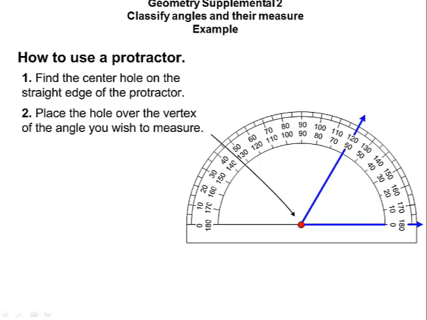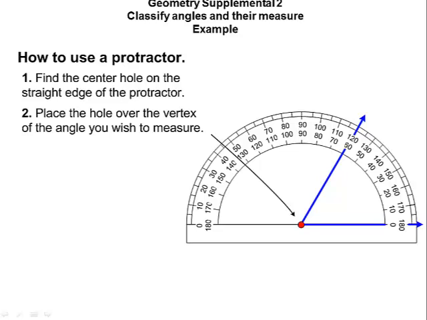The bottom of the angle on a plastic protractor that has a dot or a hole in the center will have a line that goes across this way through the center of the plastic. You'll line up right on that. Or if you have a protractor like this that doesn't have that line, you'll line up the angle along the bottom edge of the protractor.